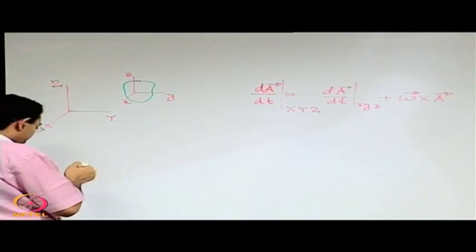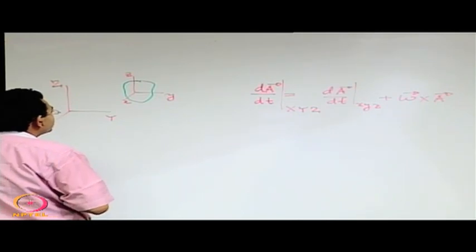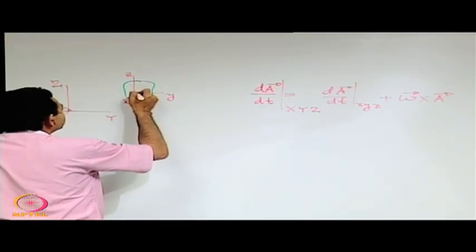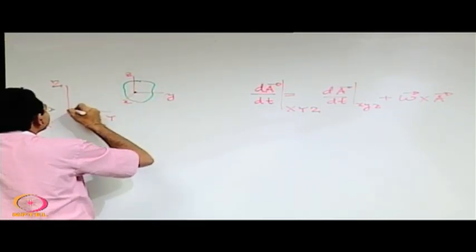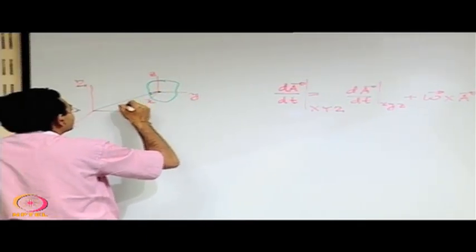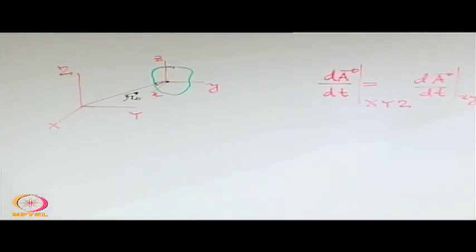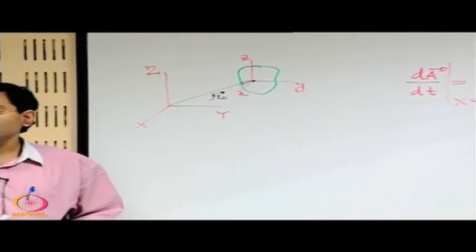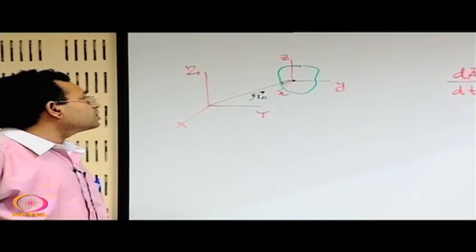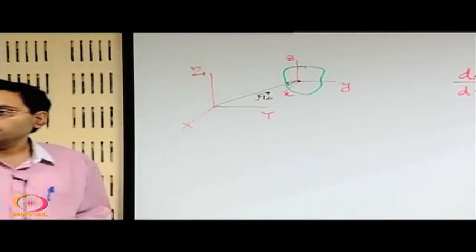The translatory motion is like if you have the origin of the small xyz as this one, then if you have the position vector, say let us call it r naught, the rate of change of this r naught with respect to time gives the translatory velocity of the small xyz reference frame.